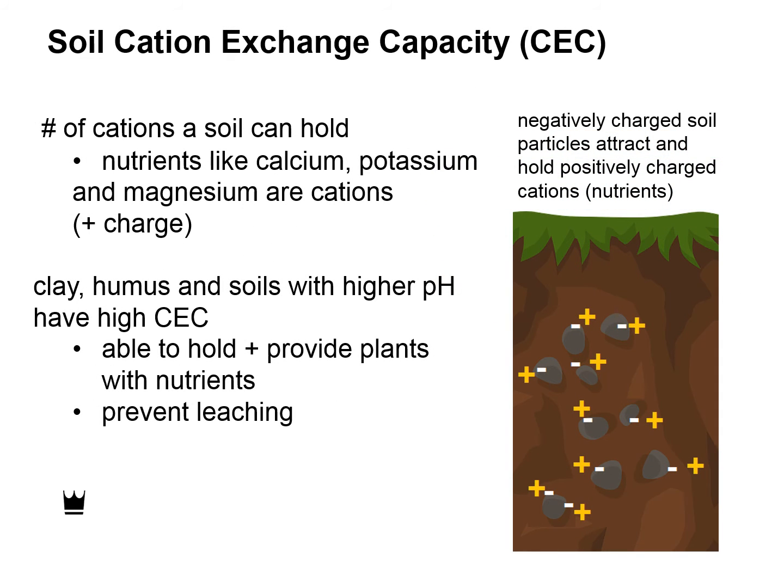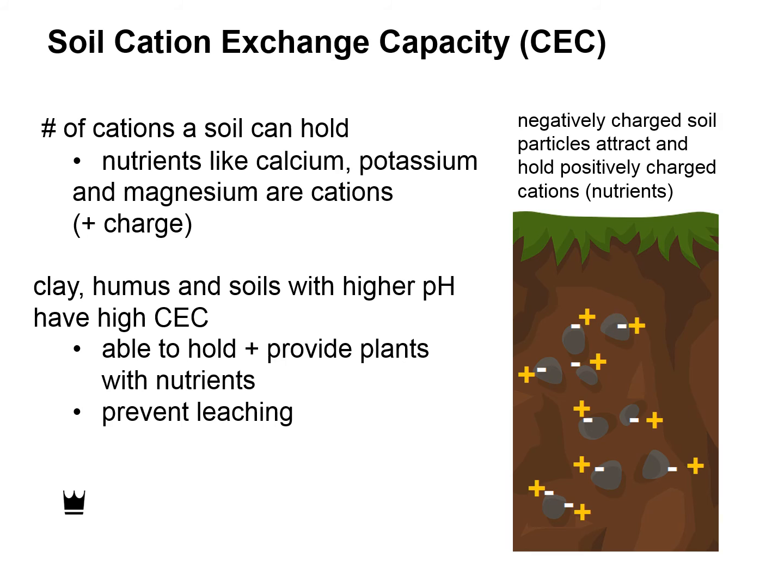We also look at soil cation exchange capacity, CEC. Remember that a cation is a positively charged particle. Many nutrients like calcium, potassium, and magnesium have a positive charge. They're going to be attracted to particles of soil that have a negative charge.